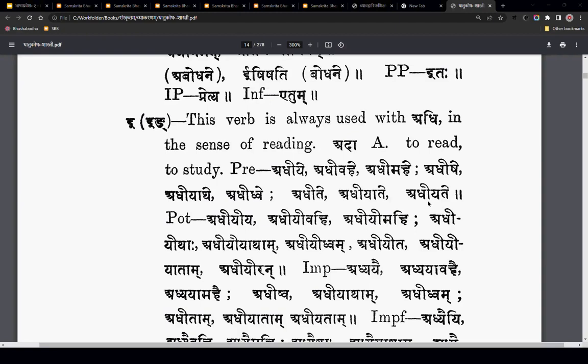Here this is bahuvachanam: te pustakam adhiyate. They study the book. So this is how in dhatu koshas, in the dictionaries which list the verbs and their forms, you find this kind of indication whether it is Parasmaipadi or Atmanepadi.